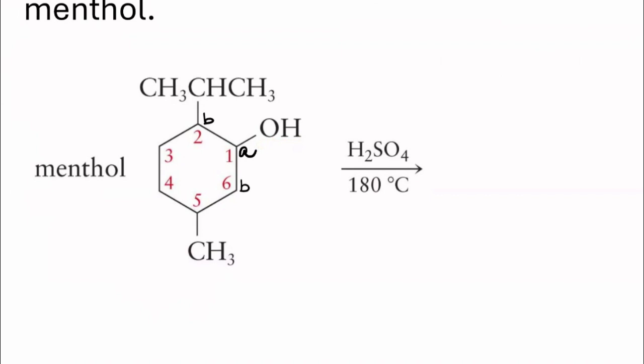Next, at the beta carbons, let me add the carbons and hydrogens if there are any. Carbon number two is a carbon that has a hydrogen. Carbon number six is a carbon that has two hydrogens. Since carbon number two and carbon number six are tetrahedral and they have a hydrogen, those carbons will dehydrate to make alkenes.